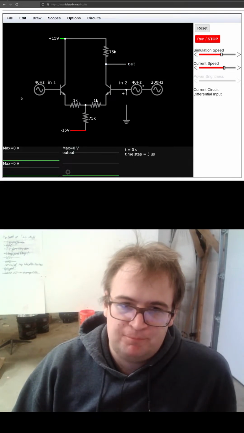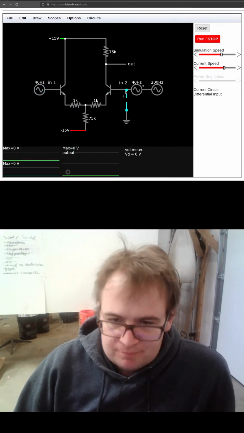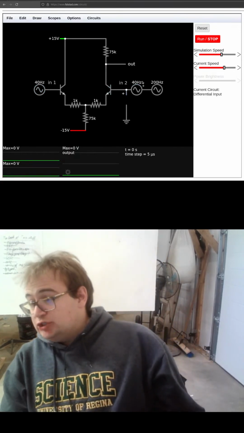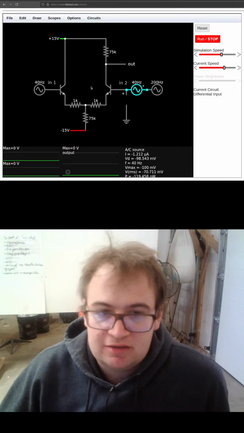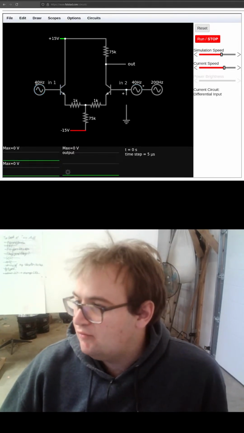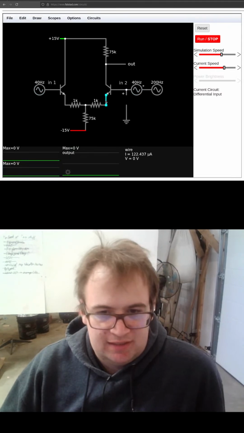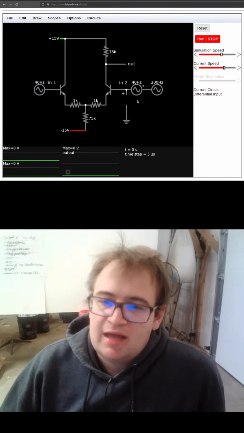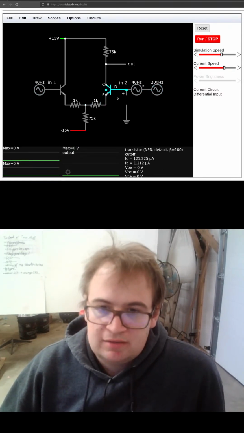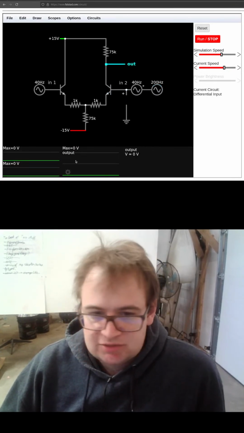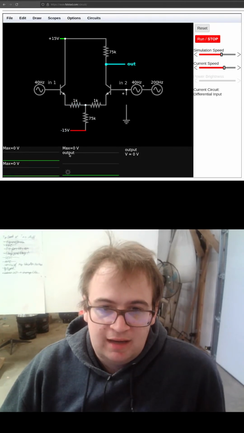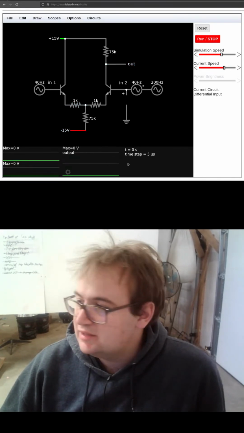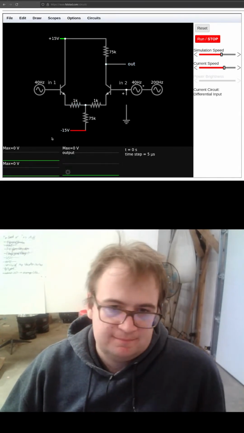So what they are wanting to show is that they have this 40 hertz and this 40 hertz. And that is going to be rejected. And this 200 hertz one should pop out. So we should find some 200 hertz signal coming through this output here.